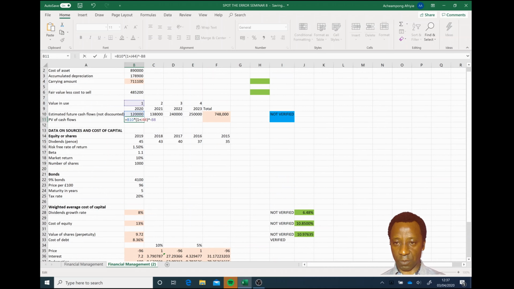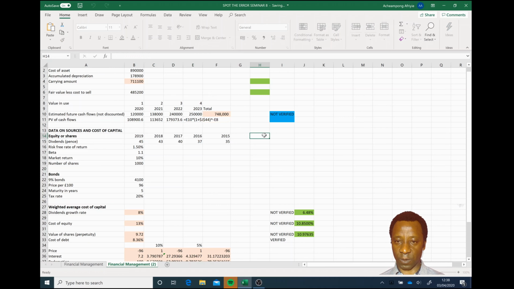I think I'll be better off using absolute referencing for the weighted average cost of capital so that I can drag, isn't it? I'm lazy. Right. So with that, we can calculate the present values of each of these cash flows.